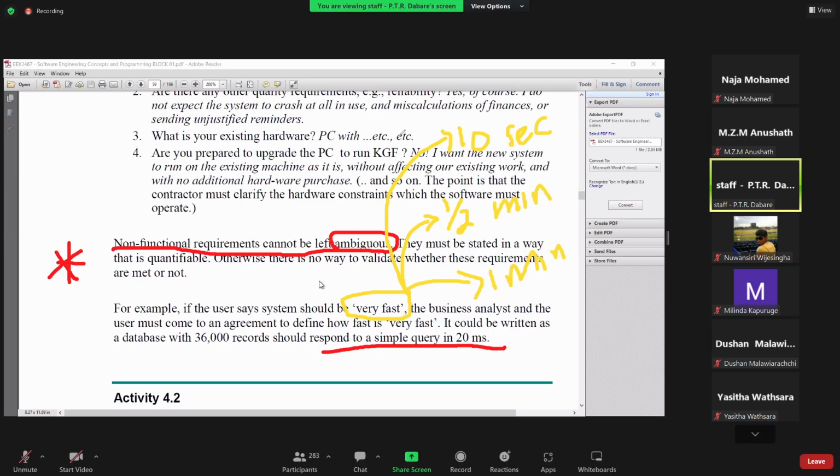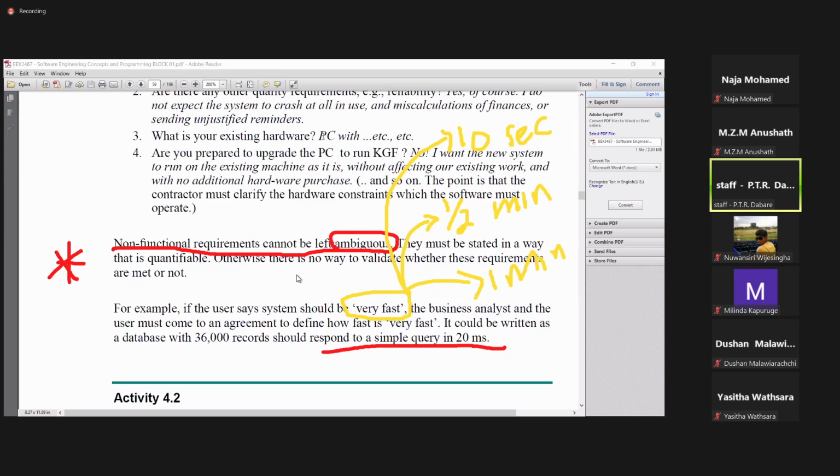That's why you can't write statements in non-functional requirements which give multiple ideas. What you have to write is: the system should respond to a simple query in 20 milliseconds.